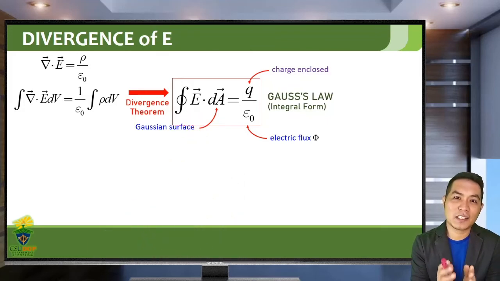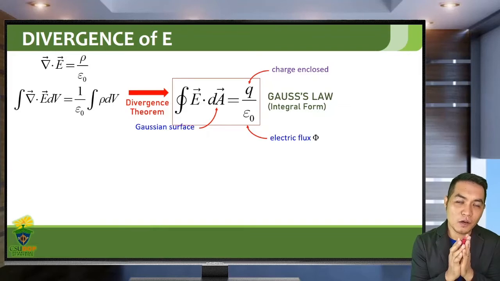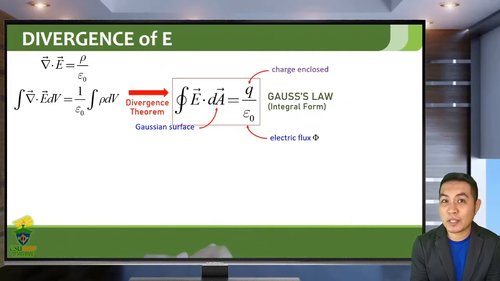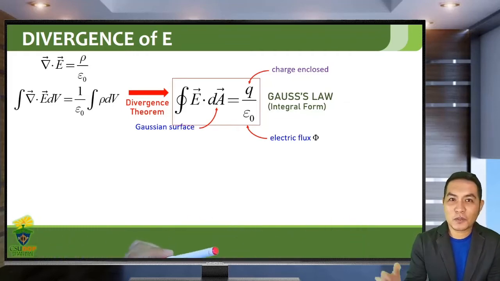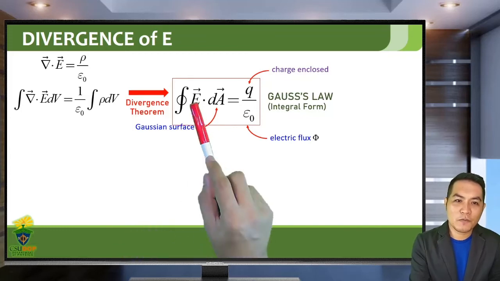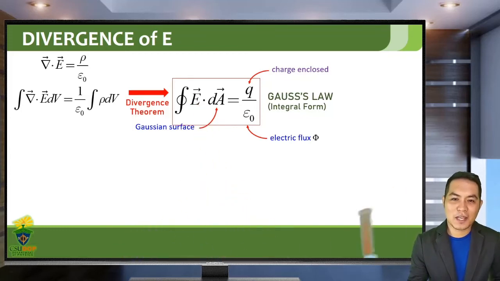Take note, we are still in the part of electromagnetism called electrostatics. So the field is not changing with time, it's static, it's not moving. So later when we go to electrodynamics, the electric field in that case is now changing with time. So here, if you have an electrostatic field, it's actually not flowing in this case.